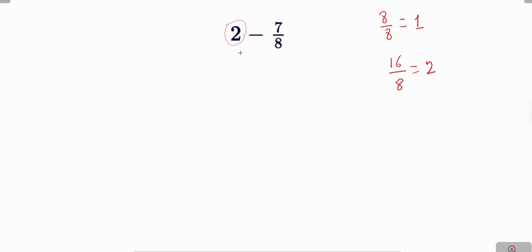So I'm going to convert this 2 into 16/8 minus 7/8. Okay, so 16 minus 7, 9/8.